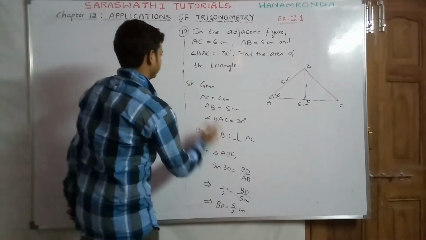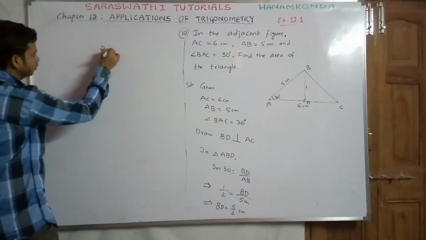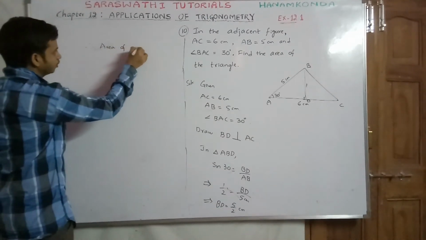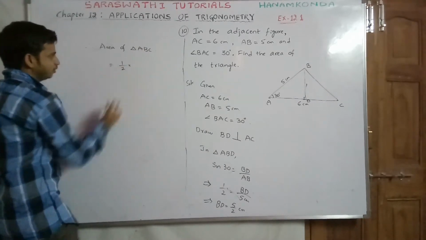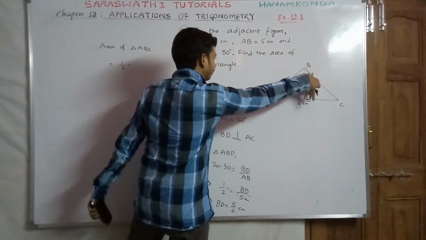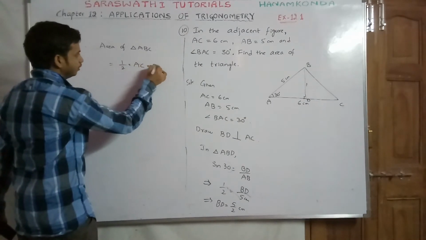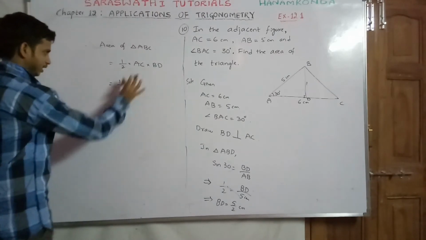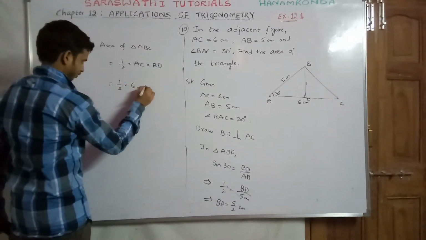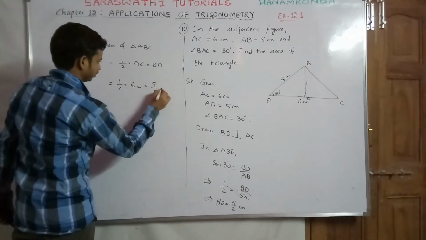Therefore, the area of triangle ABC equals half into base into height. Half into AC, the base, into BD, the height. So it equals half into 6 centimeters, and the BD value we have obtained is 5 by 2 centimeters.